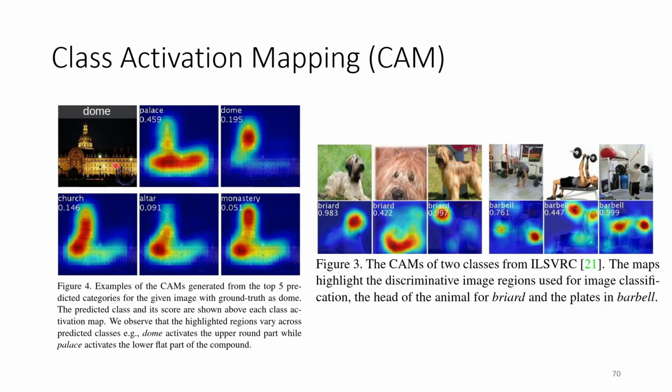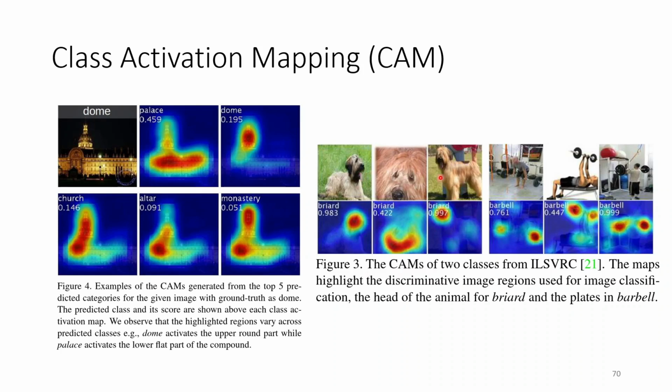For the input image, for the palette class, the score is 0.59. For the Gung, the score is 0.1. For the 5 classes, we extract their CAM layers. You can see the result. It can help us understand what the network sees.